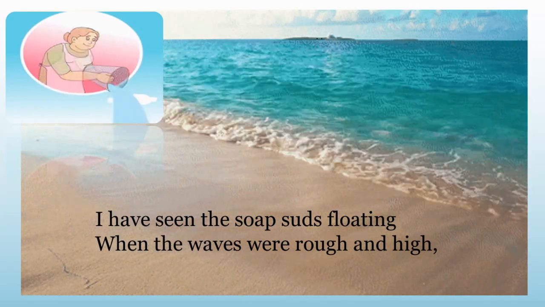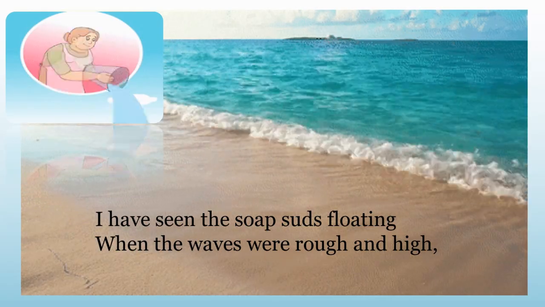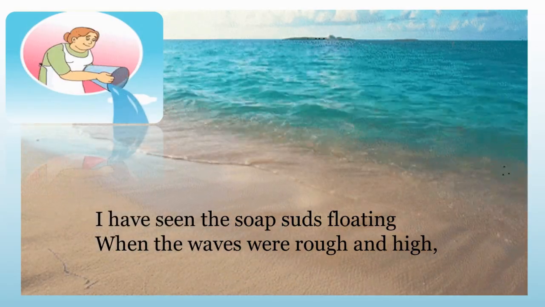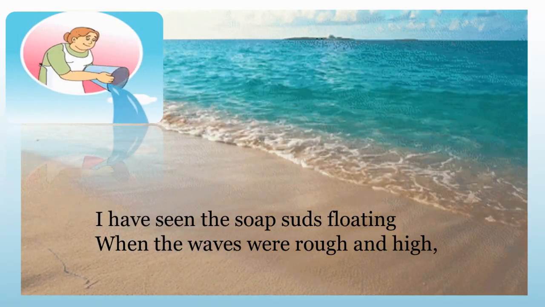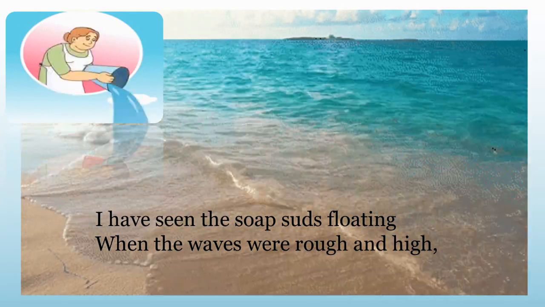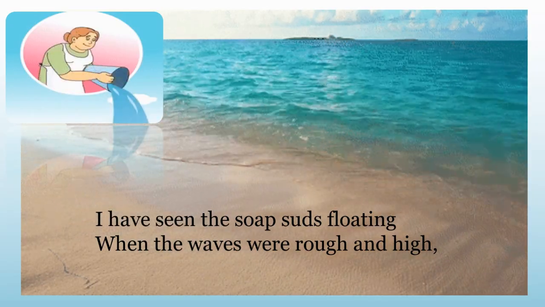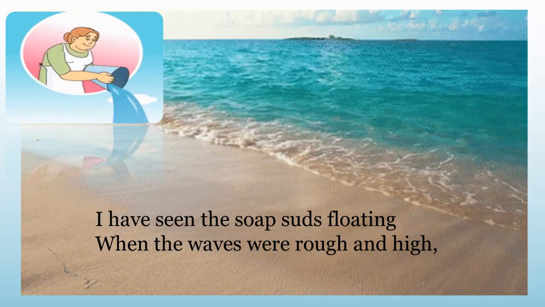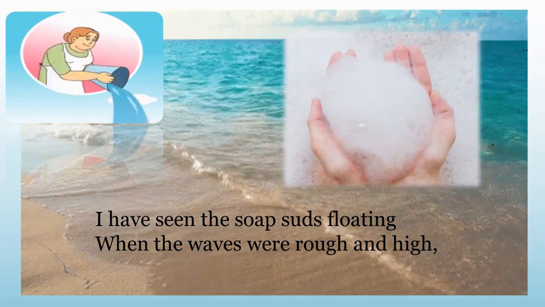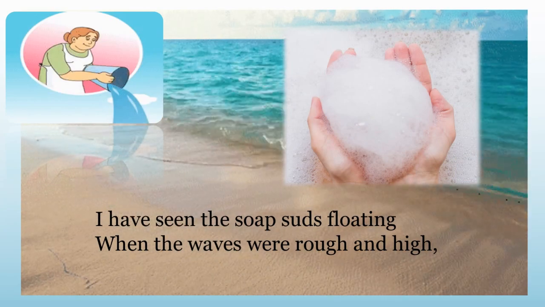I have seen the soap suds floating when the waves were rough and high. Okay students, so as I told before that this is the imagination of the poet. Okay, so now the poet is imagining that she had seen the soap suds floating. What is soap suds? As you can see in the picture, yes, this is called as soap suds.